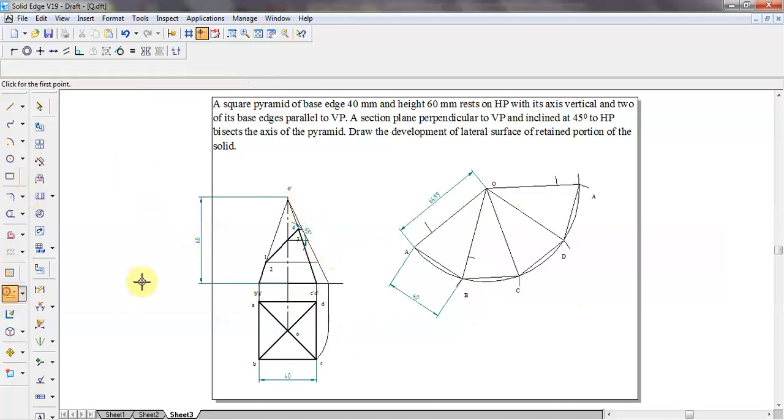So measure from this end, from here to here it is 32.5. So take arc 32.5. Again here also 32.5. It is cutting D at the same distance.